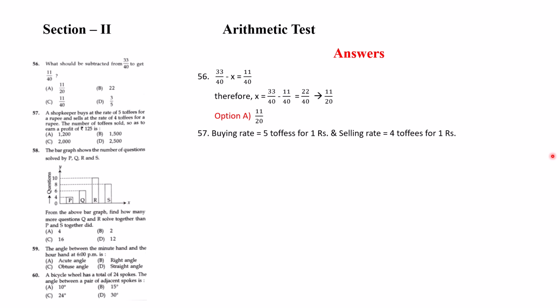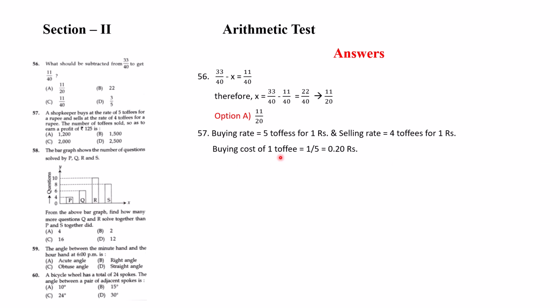From a 5th standard student's point of view, the buying rate of those toffees is, for 1 rupee he buys 5 toffees and he sells only 4 toffees for 1 rupee. Means for every 1 rupee of sale he is making, he is saving 1 toffee from that.